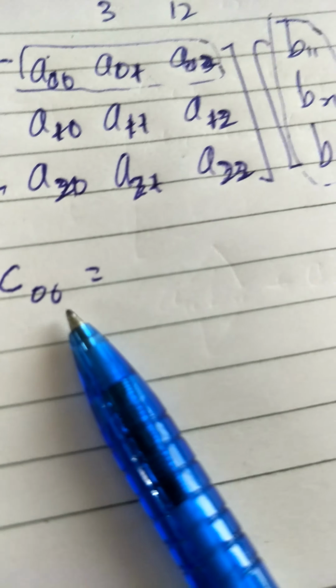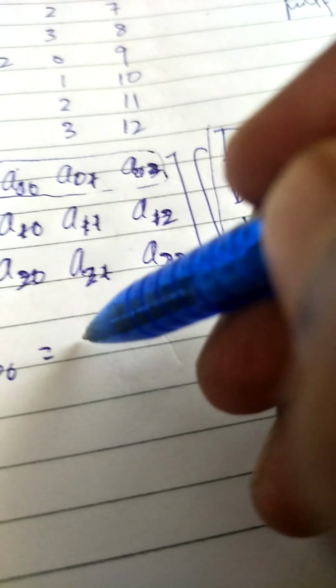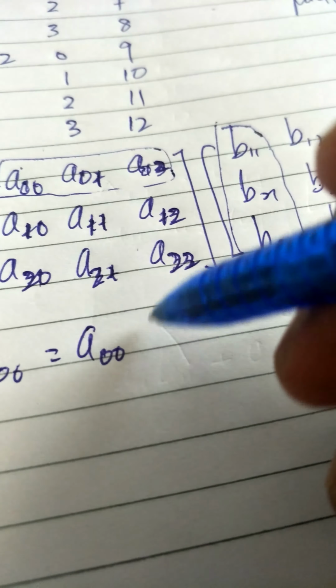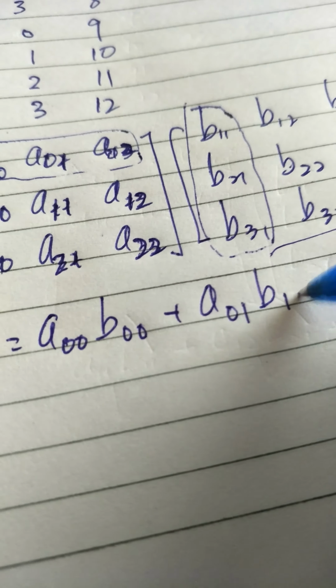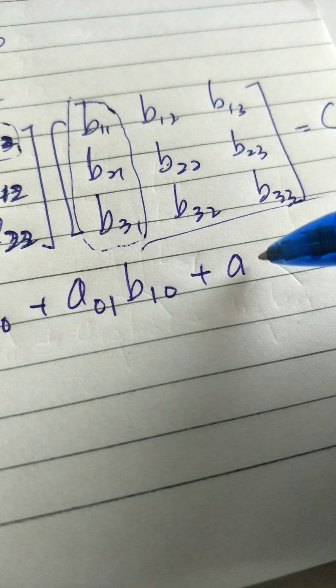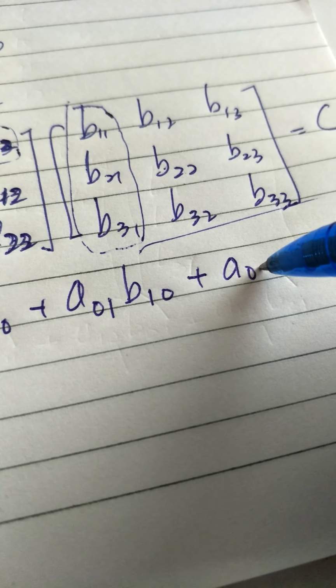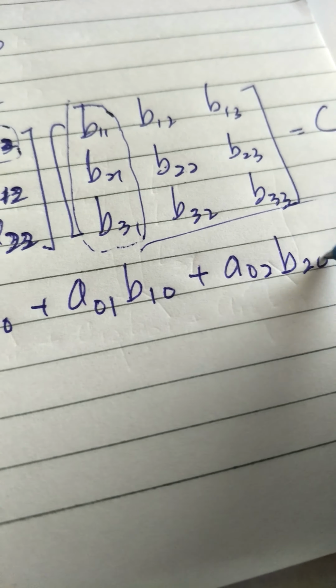So for C00, what do we have? Theoretically, we have A00 times B00 plus A01 times B10 plus A02 times B20, correct?